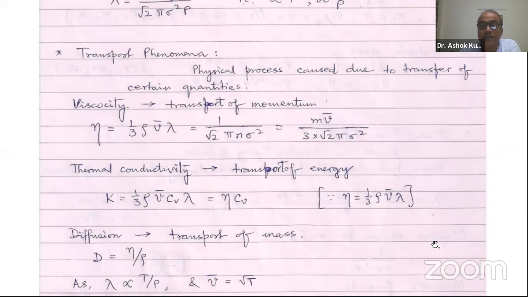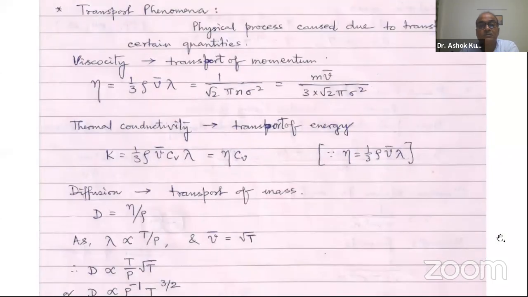All right. Now the third one is diffusion. In diffusion, what happens? There are a higher concentration and a lower concentration, if two gases are there, either the same kind of gas or two different kinds of gas. For the simple case, we take the same kind of gas, but at different concentrations.